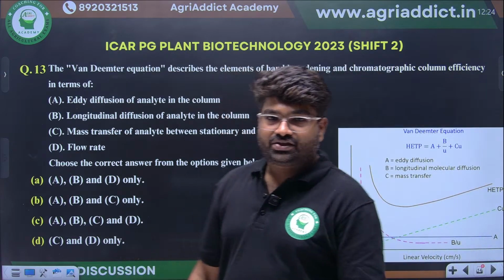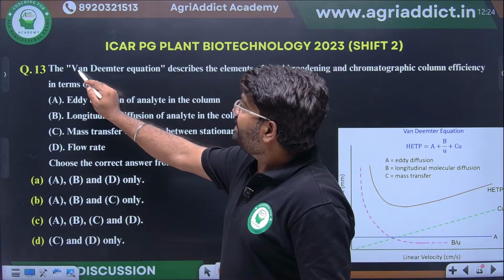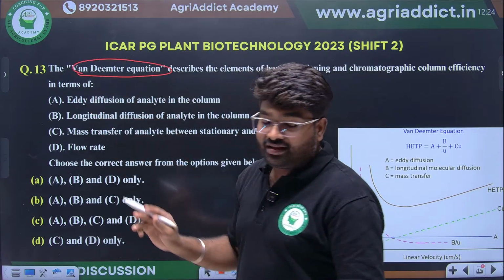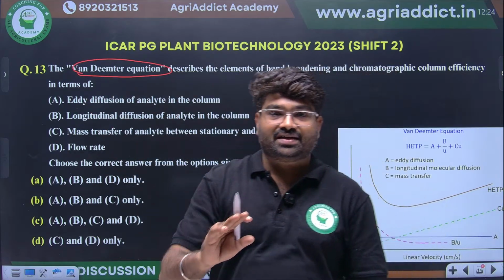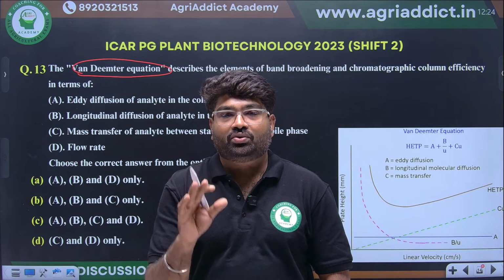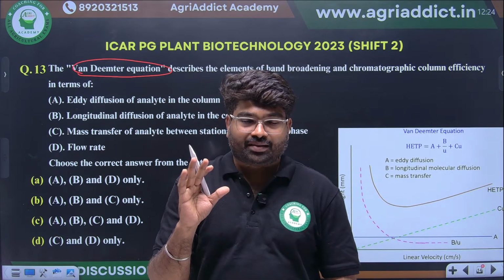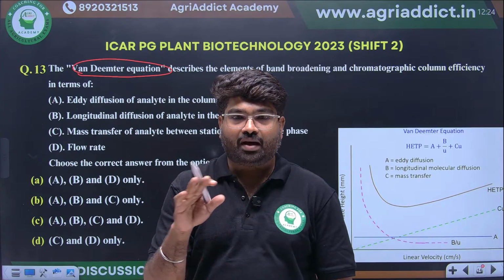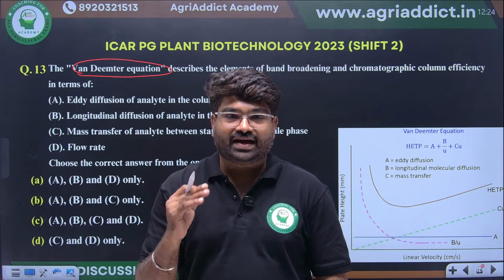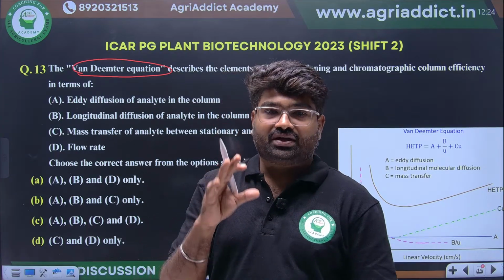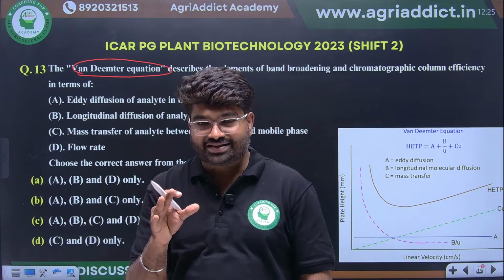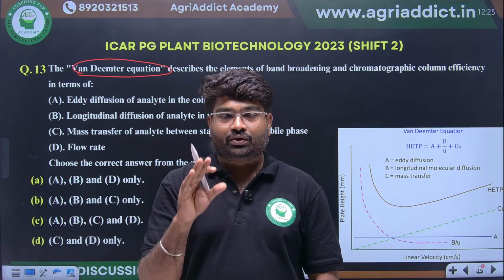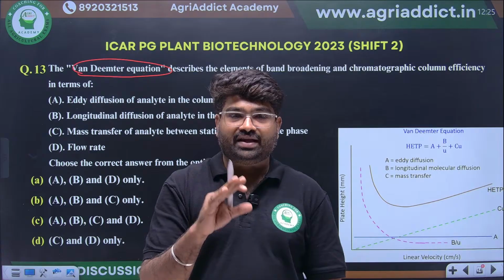Next question, Van Deemter equation. Then another thing I want to say: no one can write 120 out of 120 questions. Some concepts will be very difficult. Even if you read the book from top to bottom, every year they will ask some new questions, new terms, new cycles, everything. If you know it clearly, or if you have good guesses, write that.